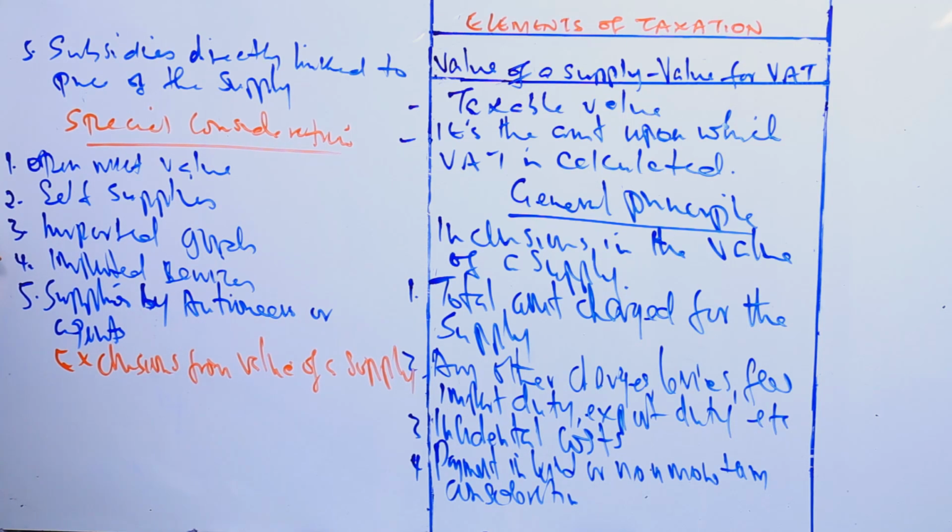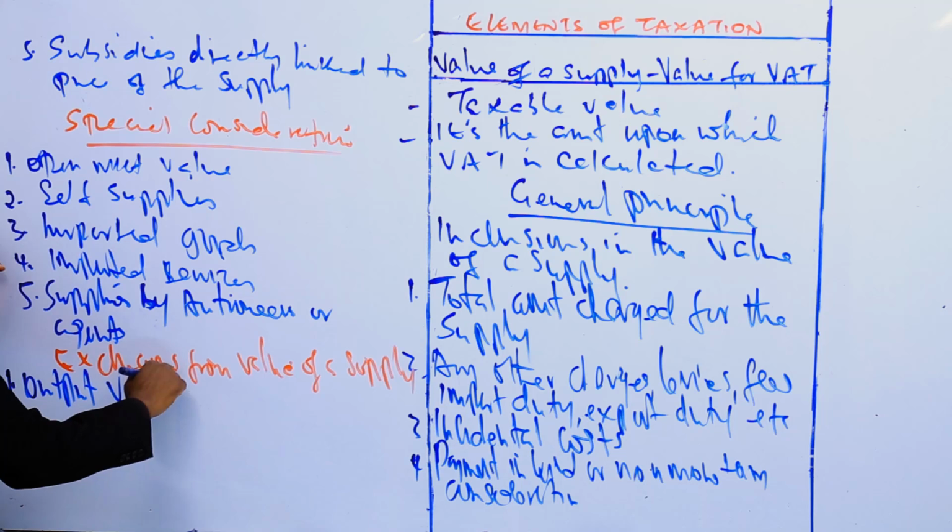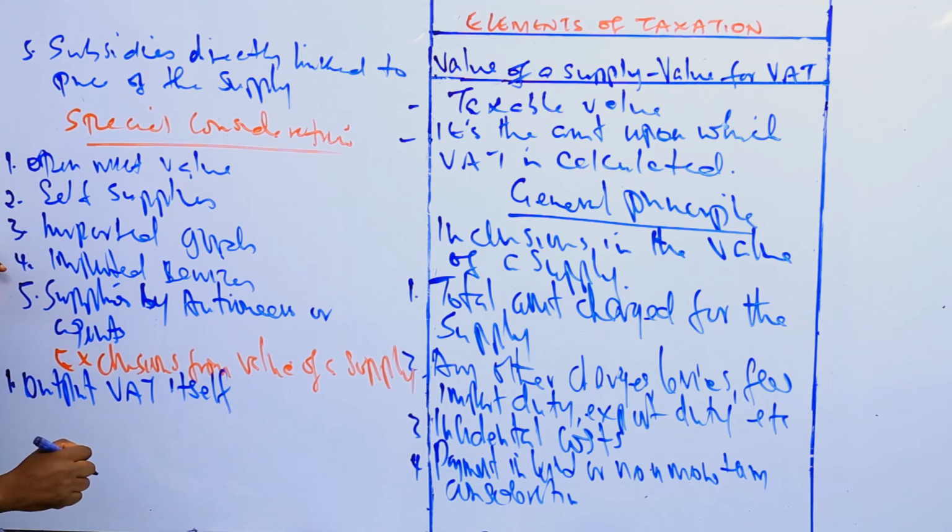One such item is output VAT itself. VAT is calculated on the value of a supply. So VAT calculated on the value of a supply is not part of the value of a supply, because the value is the net price.